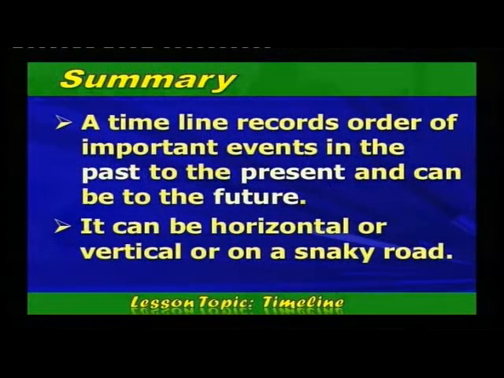Our summary for this lesson is: a timeline records order of important events in the past to the present and can be to the future. It can be horizontal or vertical or on a snaky road.